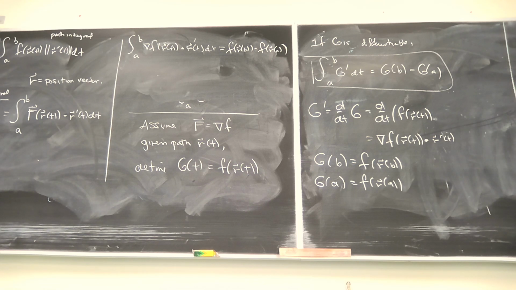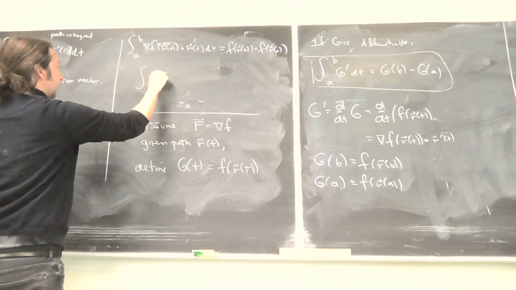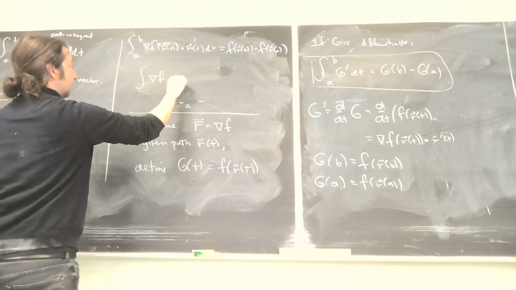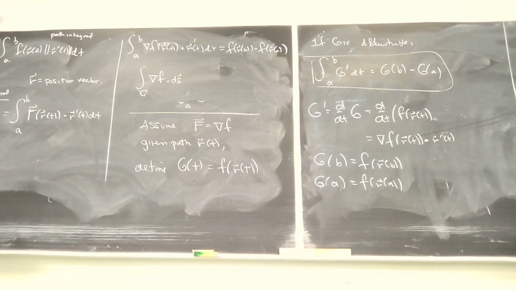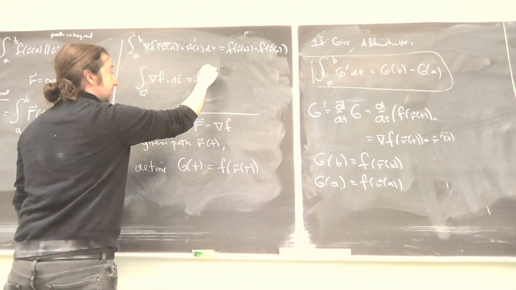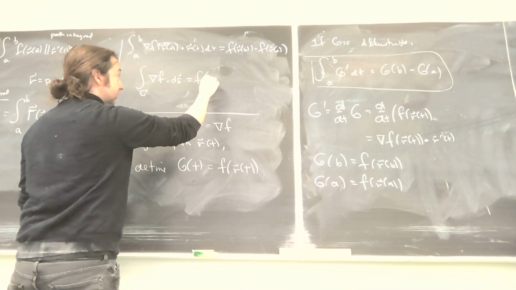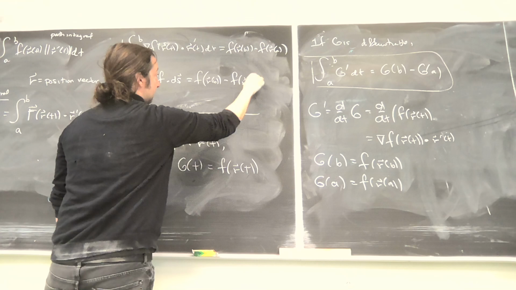That's the fundamental theorem of calculus. It says that if I have the integral of a gradient field dot ds over any curve C, I can calculate this just by taking f and plugging in the finishing point r of b and subtracting f at the beginning point r of a.